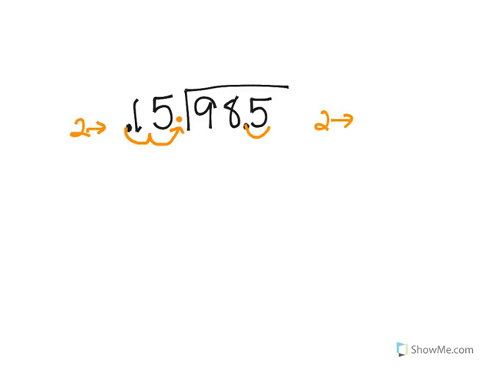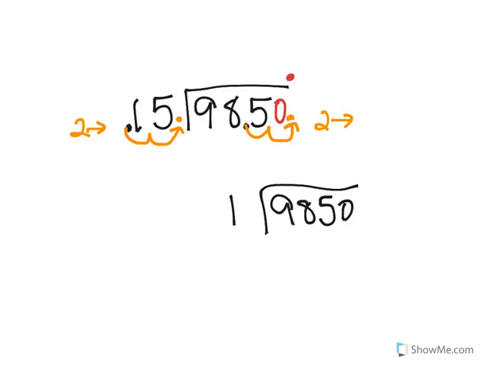So that's 1, 2. There's nothing there in that spot, so I have to put a 0 there to hold it. And then I can just bring the decimal up. So that changes this problem into 9,850 divided by 15. I hope this helps.